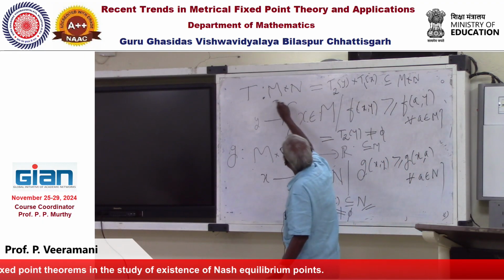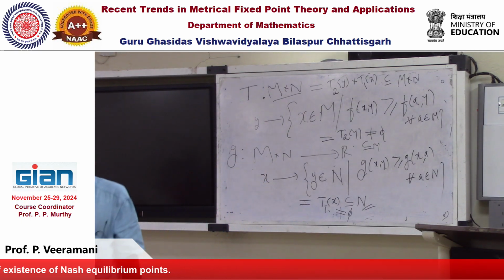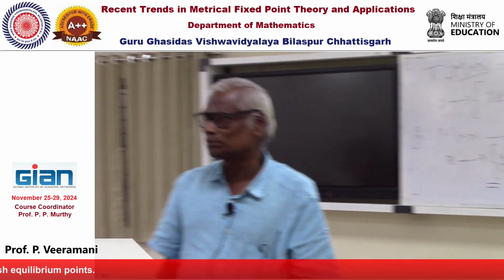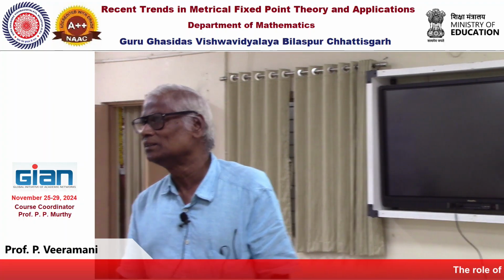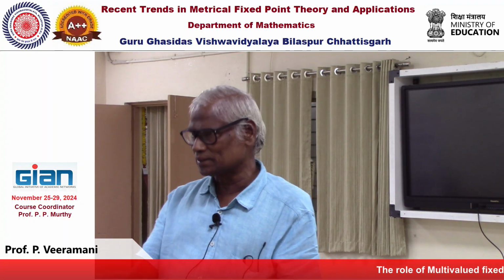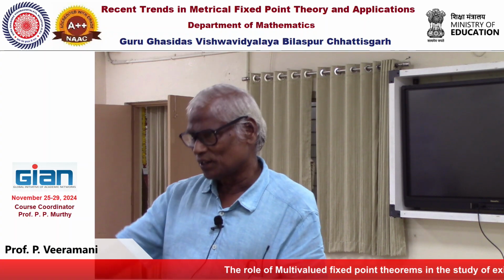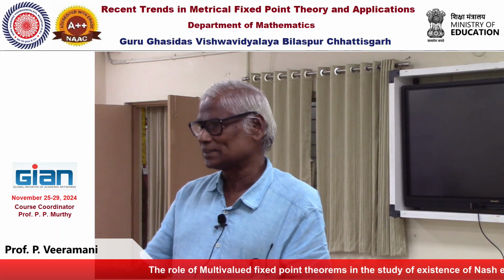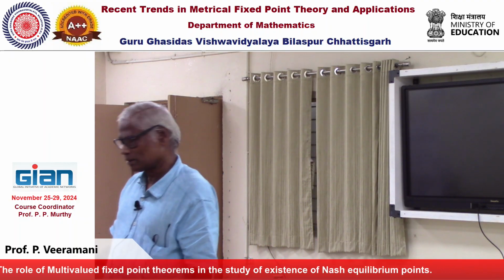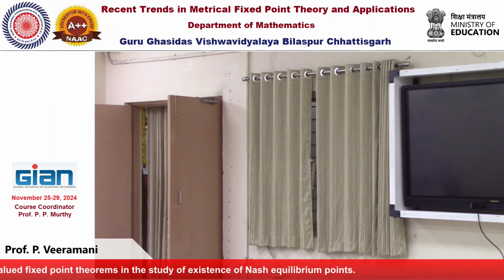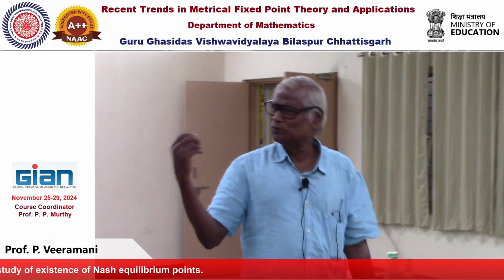So that's it mathematically. Suppose M is a subset of R, N is a subset of R, then M cross N is a subset of R cross R. If M is compact, convex, and N is compact, convex, then by Tikhonov's theorem M cross N is also compact, and you can also prove it is convex.